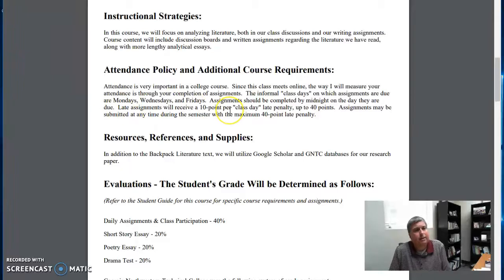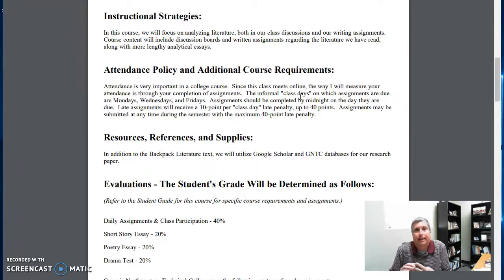Attendance policy here. Notice that assignments will be due on Mondays, Wednesdays, and Fridays. The informal class days, what I call the class days, are Mondays, Wednesdays, and Fridays. If it's turned in late, there's a 10-point per class day late penalty. So if it's due on Monday and you turn it in on Saturday, you missed Wednesday and Friday.